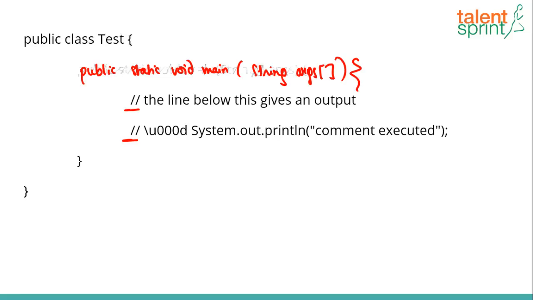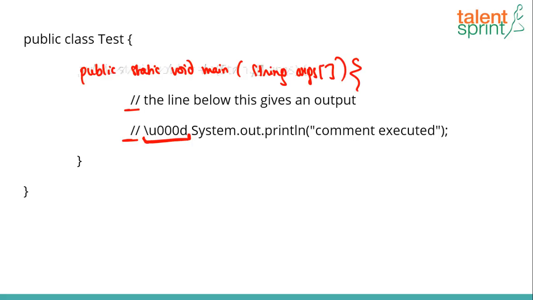Alright guys, so I hope all of you have heard of Unicode characters, right? The piece that you see right here, this is a Unicode character for new line. Now this Unicode character for new line, what will it do when this program will compile?